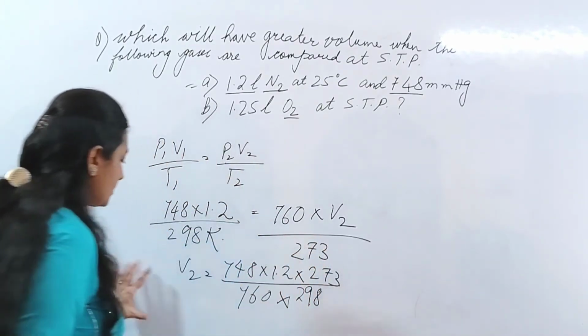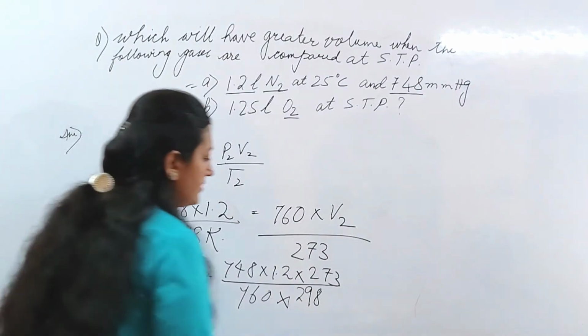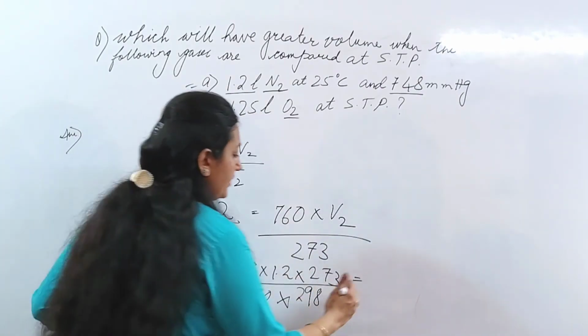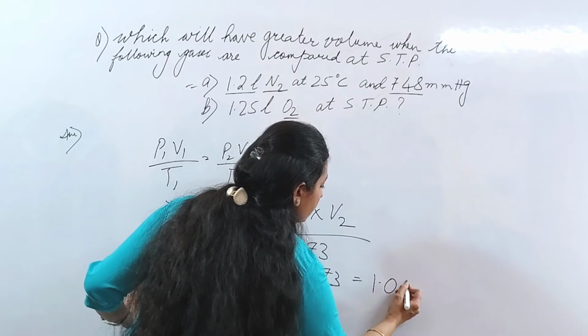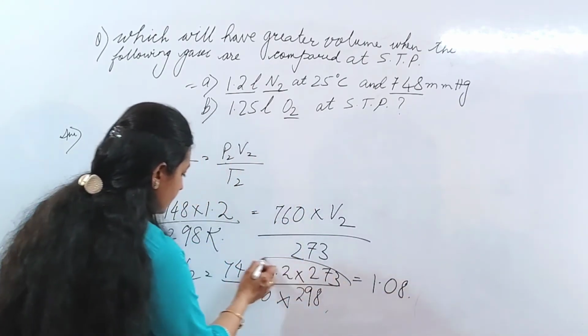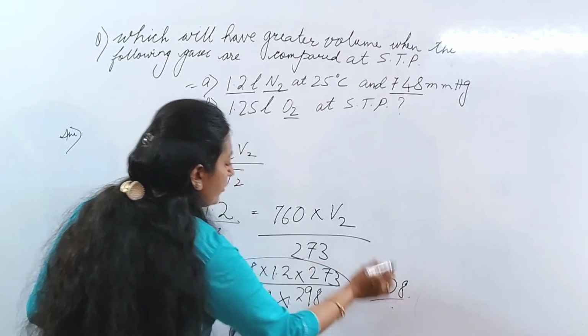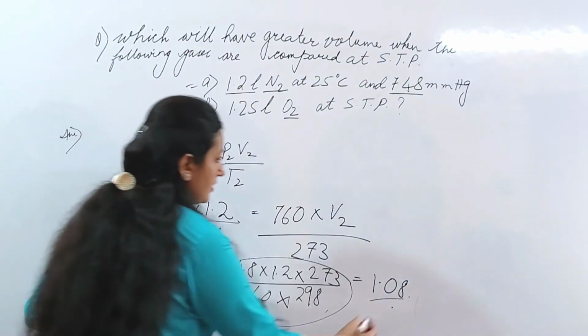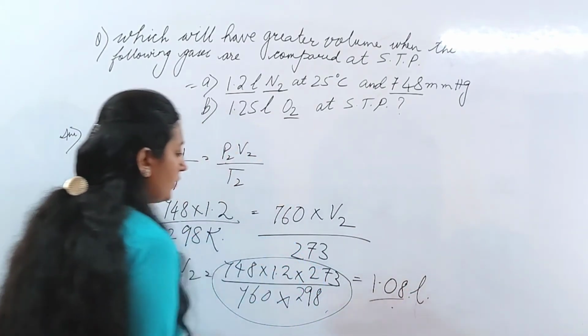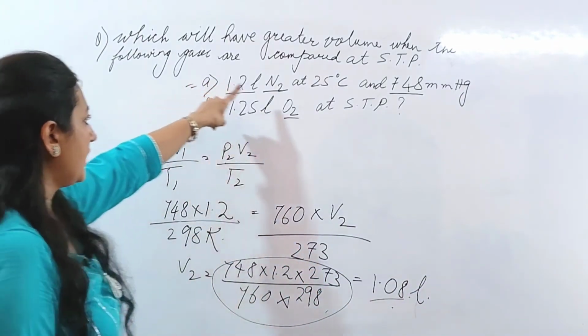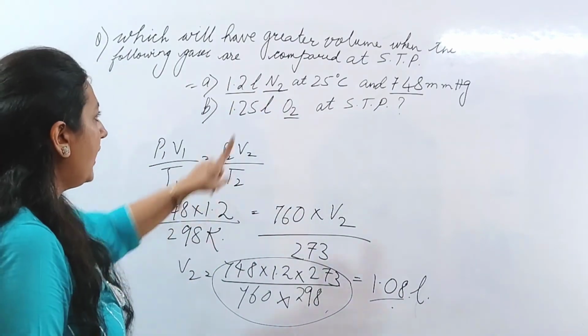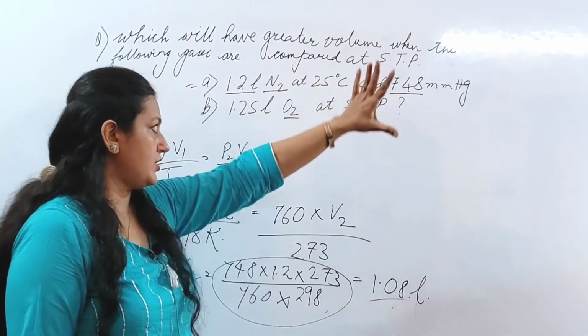Clear? So V2 is 1.08. You calculate this and you will get the value 1.08 liter. This is V2, okay, that means for nitrogen gas, volume at standard temperature pressure.